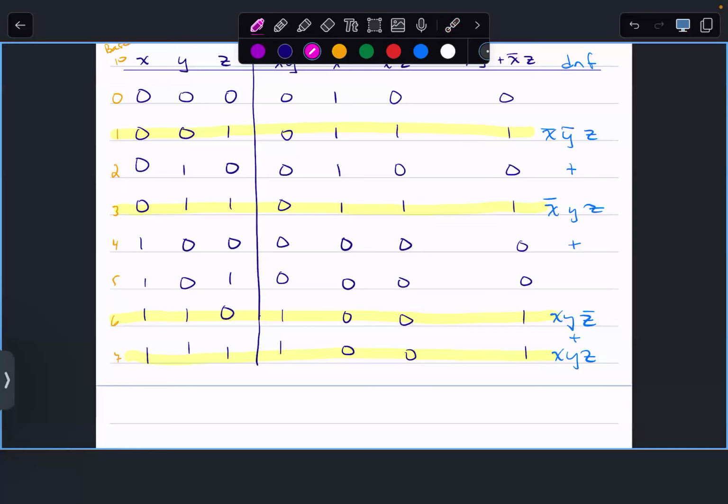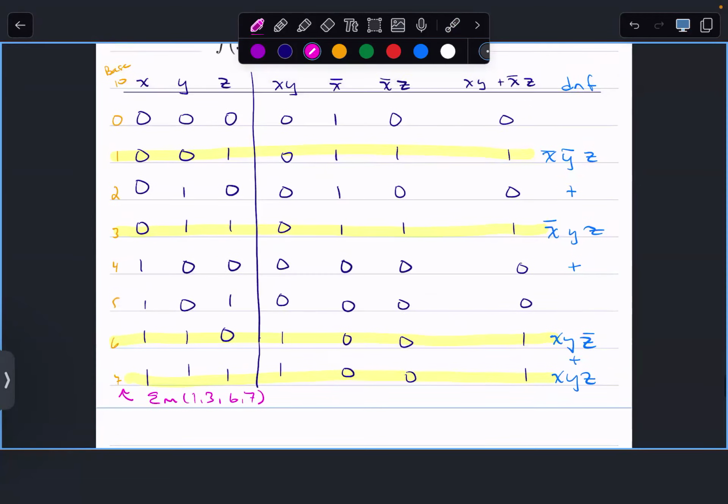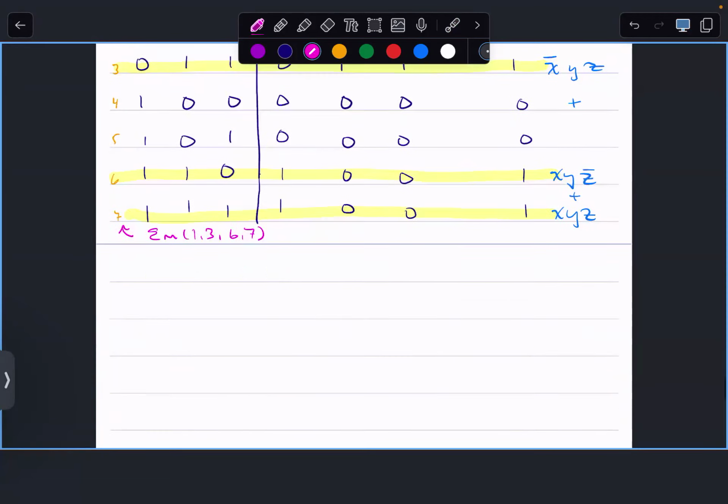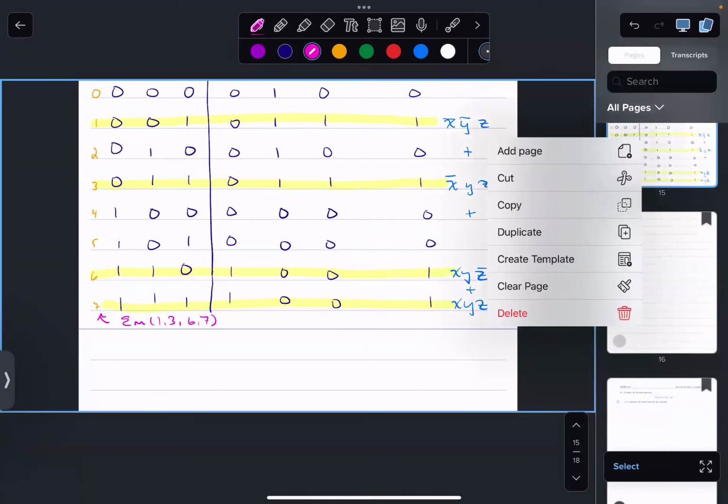And then so here, I guess I want to try to keep it on the same page here. The sum of the minterms of 1, 3, 6, 7 from out there. And then I can remove this page.